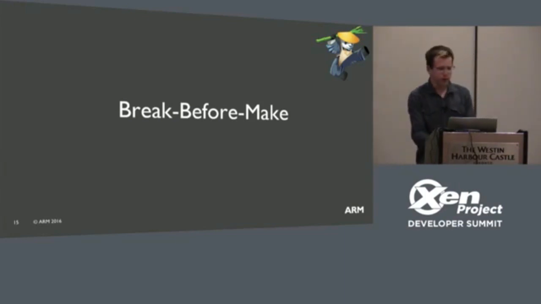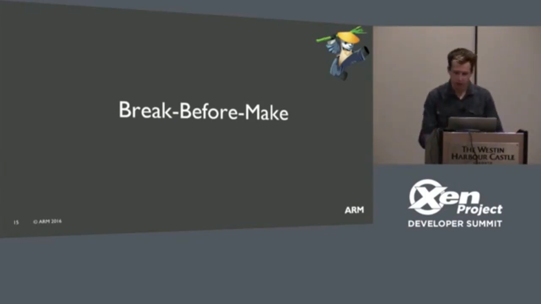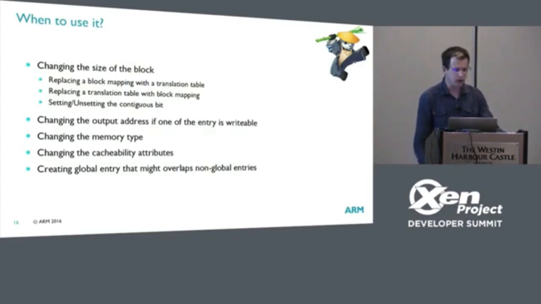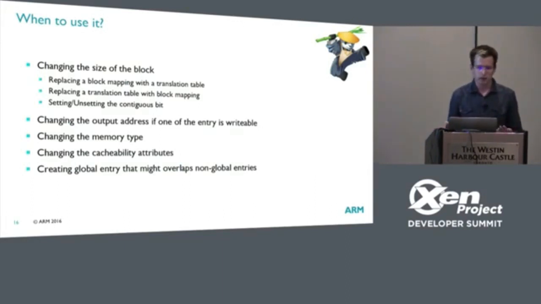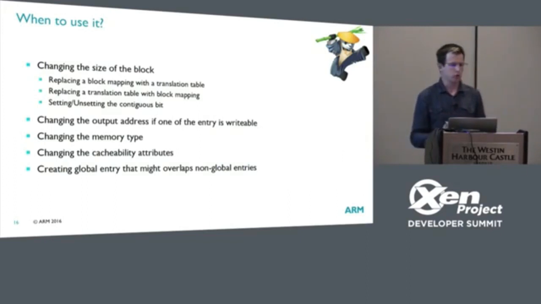Break before make. So you need to update the page tables. As I mentioned, break before make is something you need to use in some places, but you may not need to use everywhere. You need to use break before make when you change the size of the block.